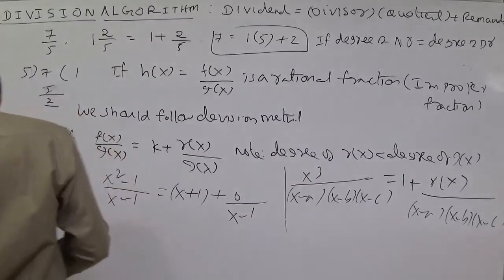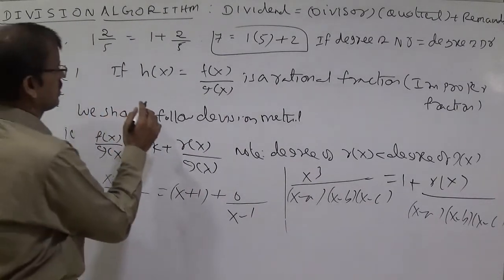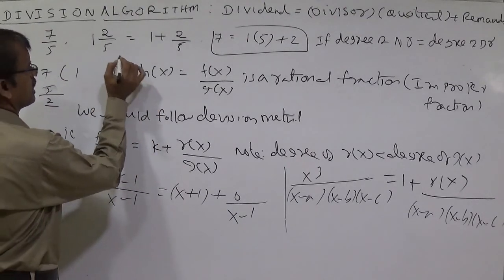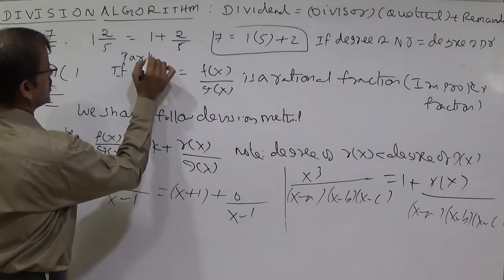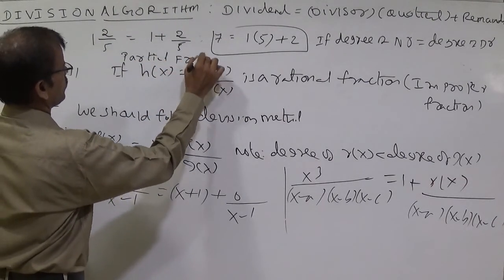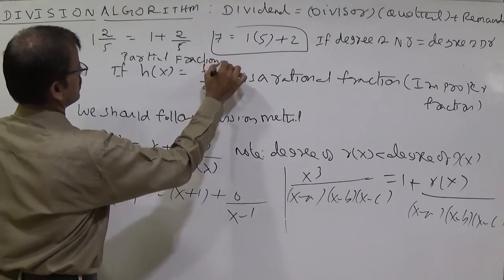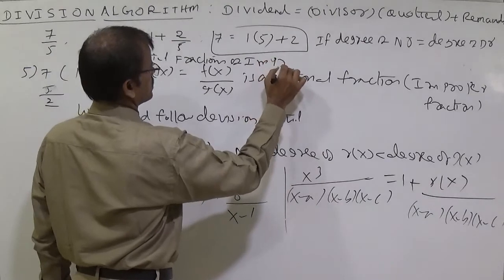In this one, second method, after completion of division algorithm, you put the heading: partial fractions of improper fractions. This is the heading.